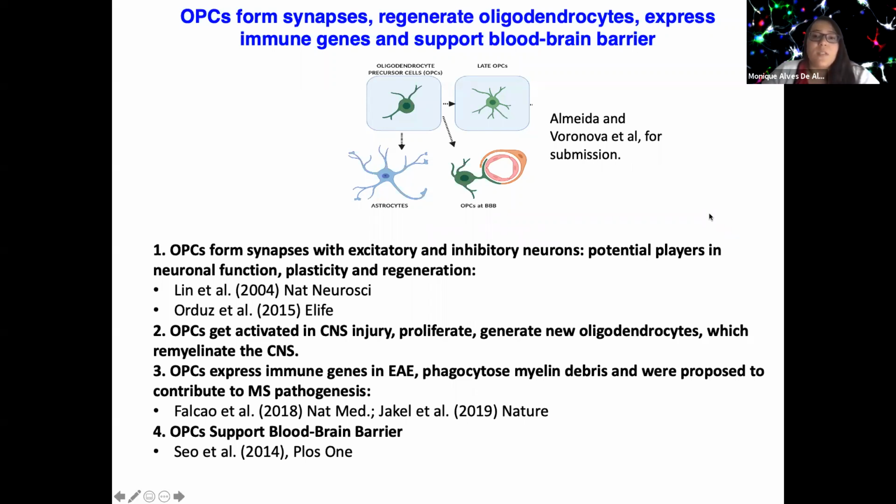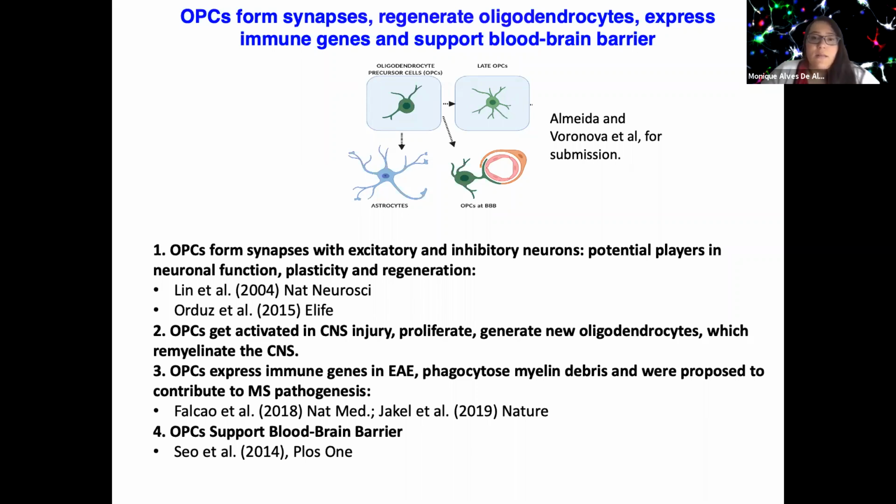OPCs form synapses with excitatory and inhibitory neurons and have been shown to be potential players in neuronal function, plasticity, and regeneration. They interact with many other cell types, extend their processes to contact nodes of Ranvier, receive synapses from axons, and regulate synaptic functions.